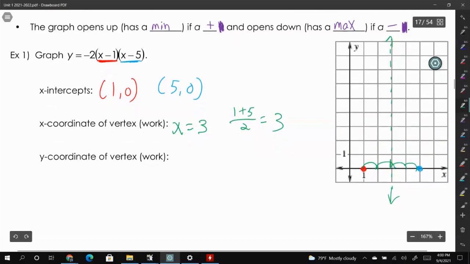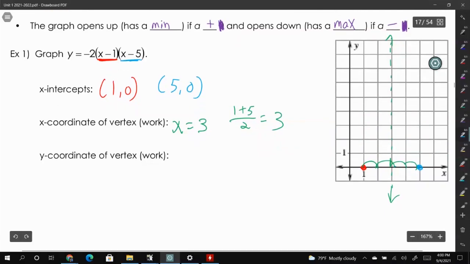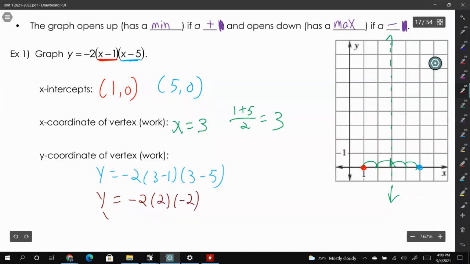Now we need to take that 3 and plug it into our original function. You could do this in your head, or you could do it in the calculator, or you could write it out. You get y equals positive 8.